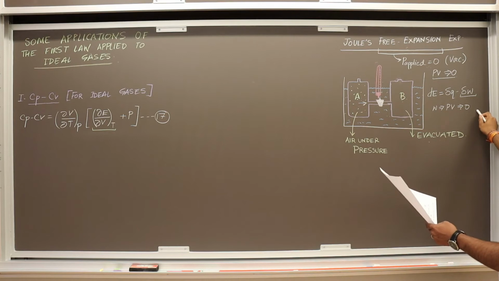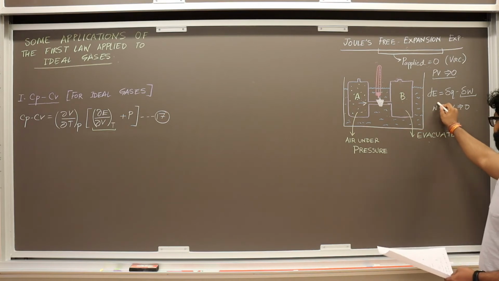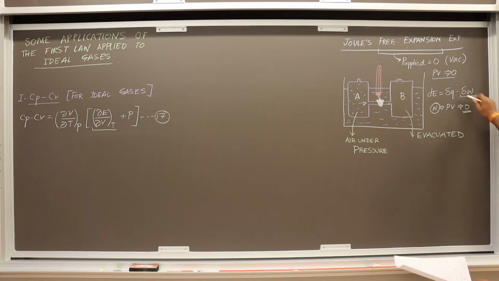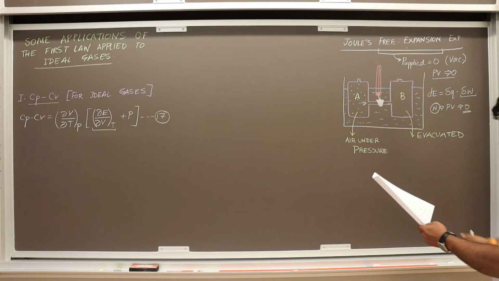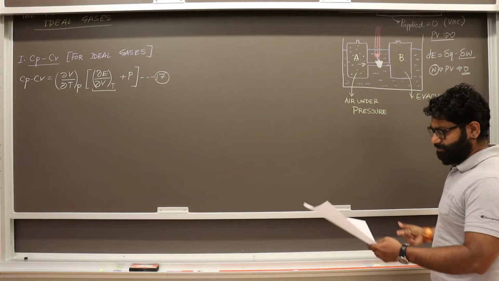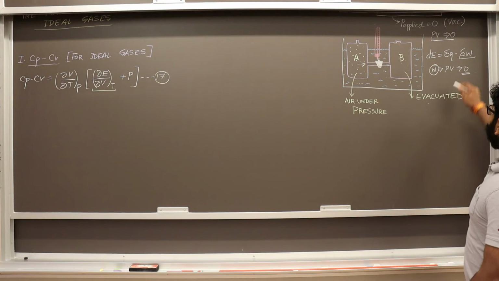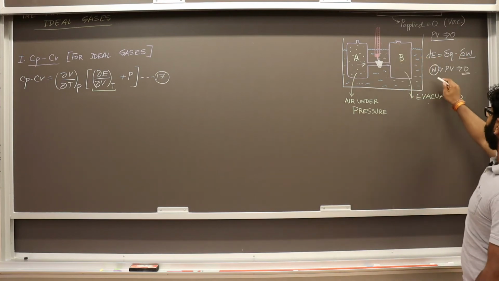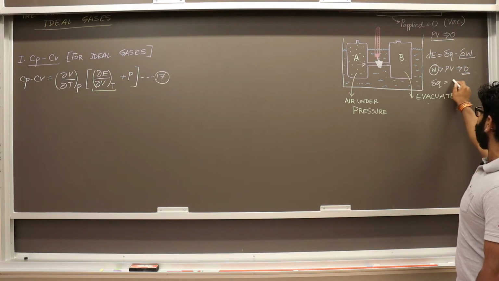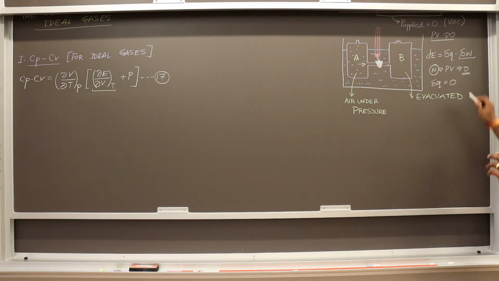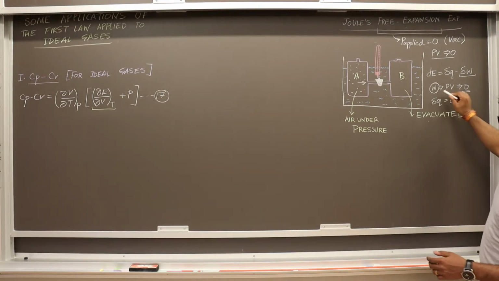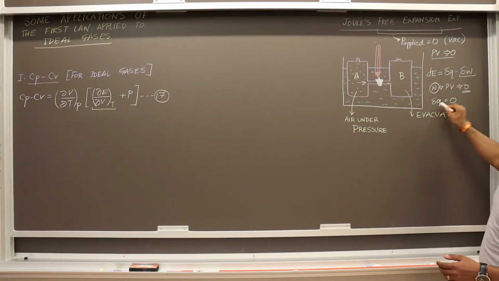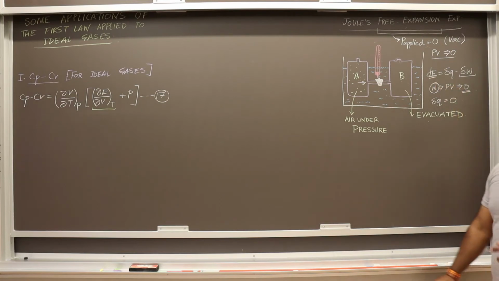So work in here is 0, and this term is cancelled. Now what we have is dE and dQ. The change in temperature observed was also 0, therefore dQ was also 0. So according to the first law, if you have work as 0 and dQ as 0, you must have dE, the change in internal energy, also 0.